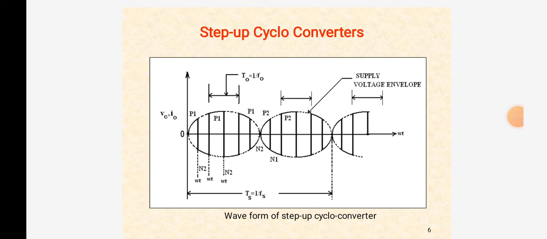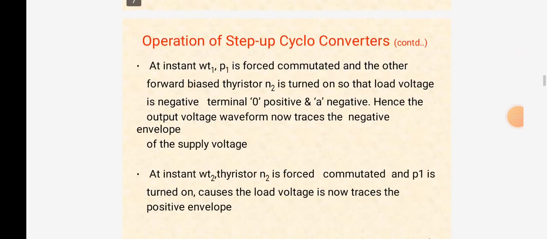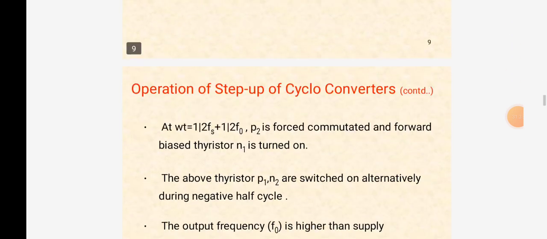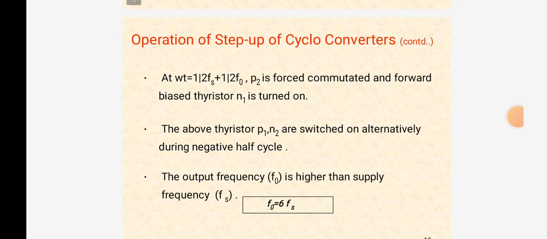At omega t equal to 1 by 2 Fs plus 1 by 2 F naught, P2 is force commutated and the forward biased thyristor N1 is turned on.